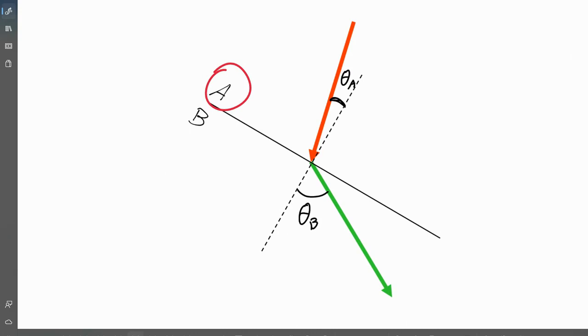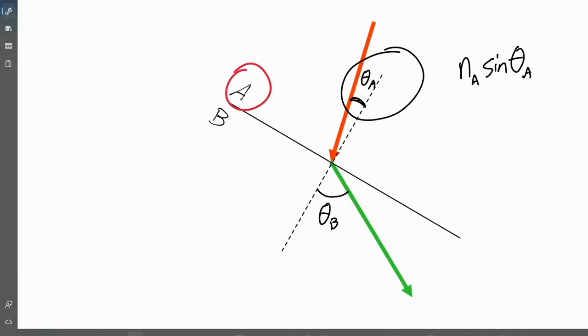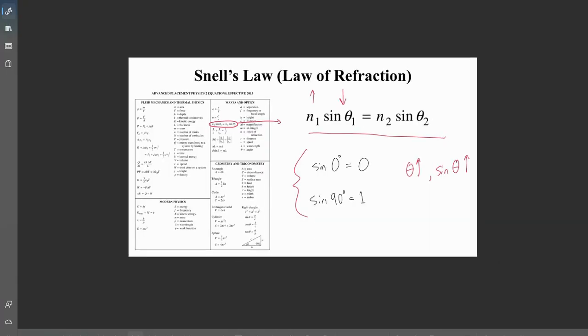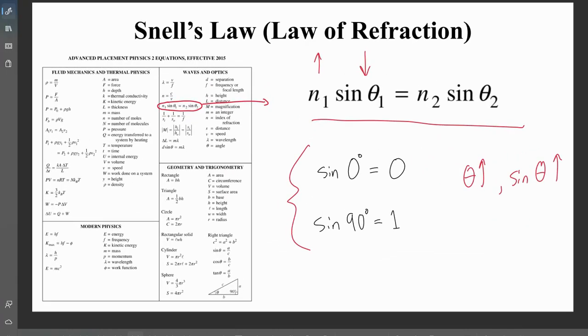Theta of A. Because we have nA sine theta A, and then nB sine theta B. And both of those have to be equal, so whichever one has the small angle has the large index of refraction. And that's how I was able to get those answers very quickly. Small angle means high index of refraction.